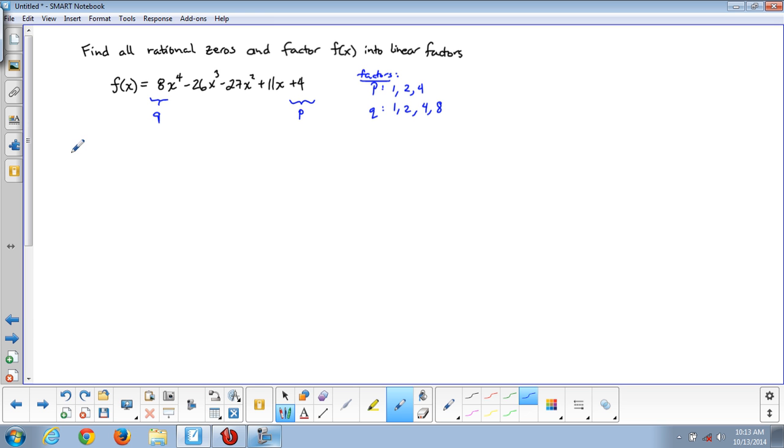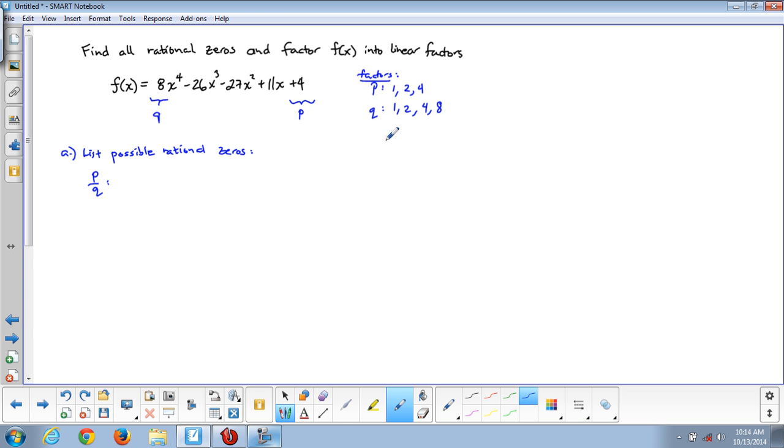Okay. So first thing we want to do is, once again, list possible rational zeros. And for this, our rational zeros theorem states that it should be p divided by q.